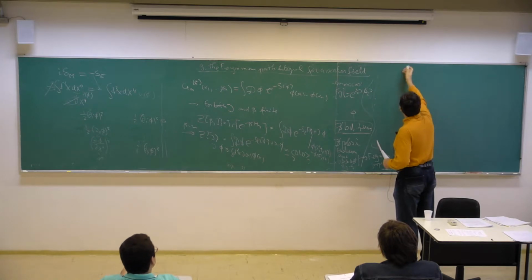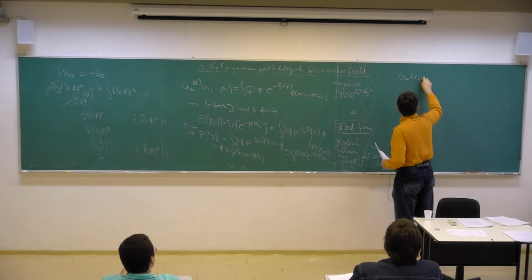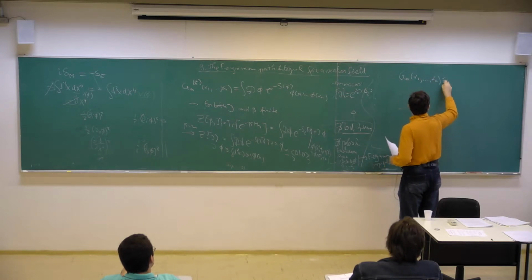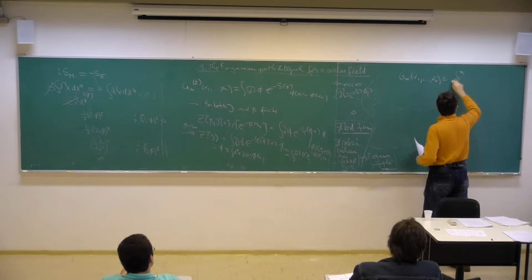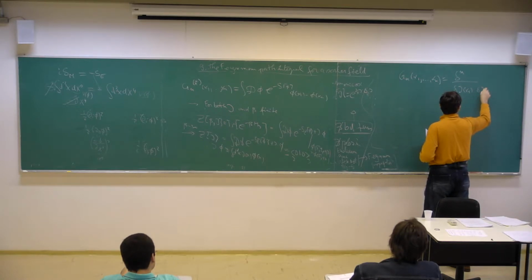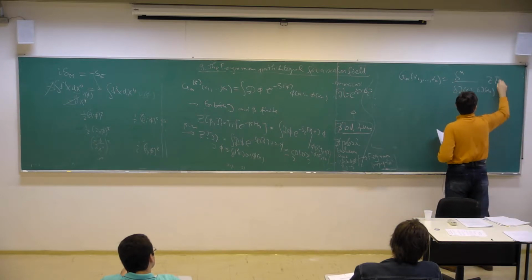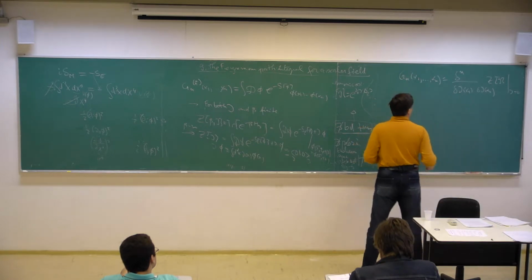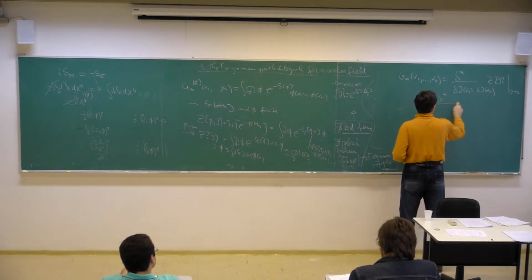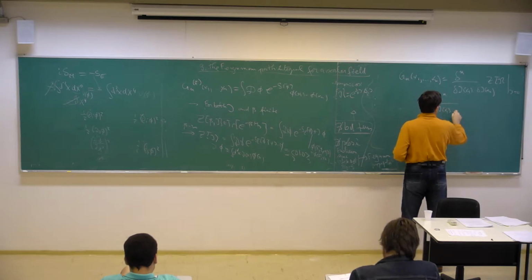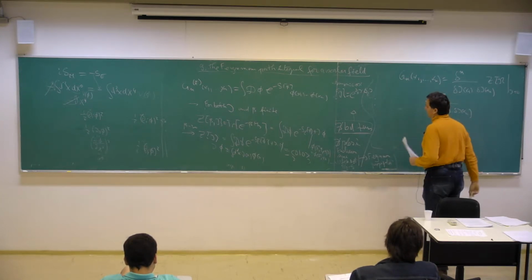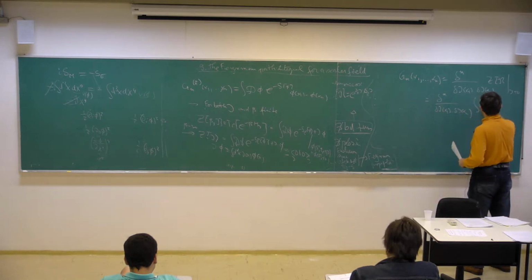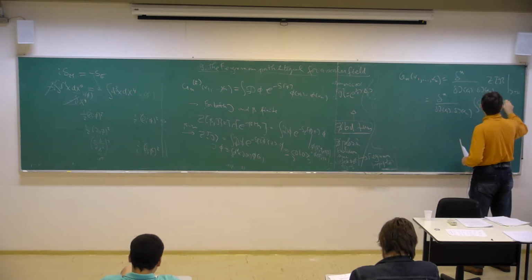So that means that G_n(x1...xn) is now d^n/dJ(x1)...dJ(xn) of Z[J] at J equal to 0, and Z of J is this path integral D phi e^(-S + J phi).